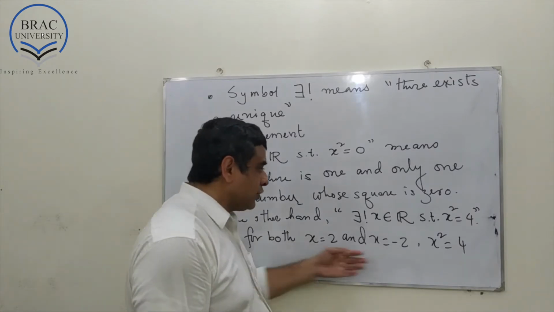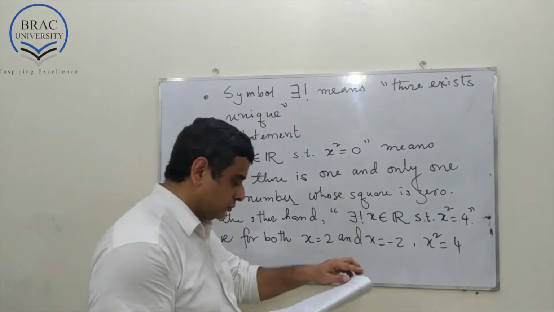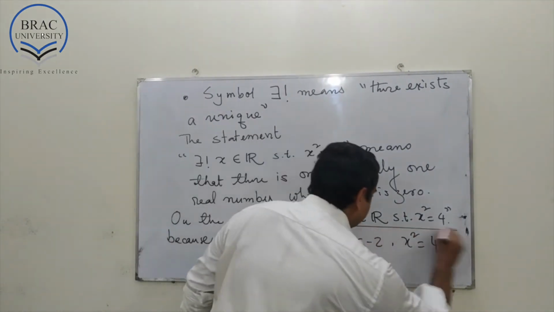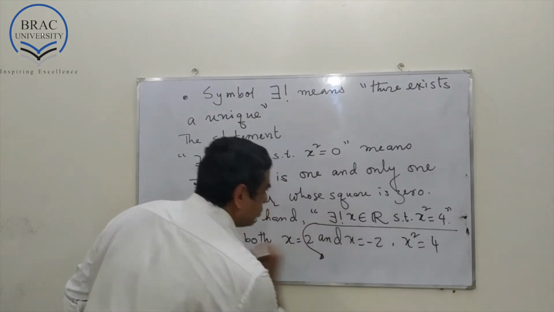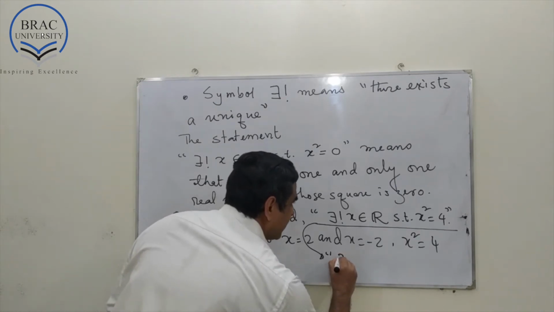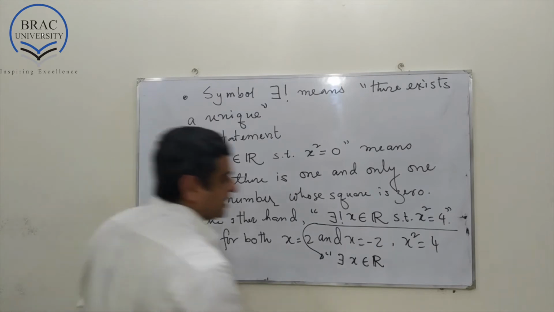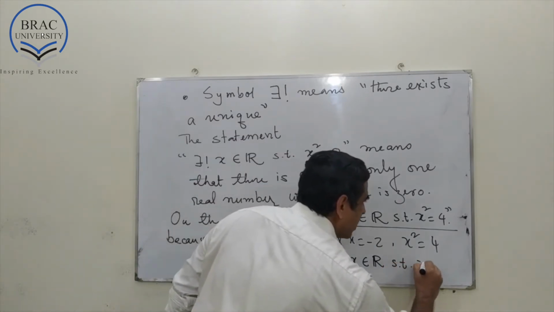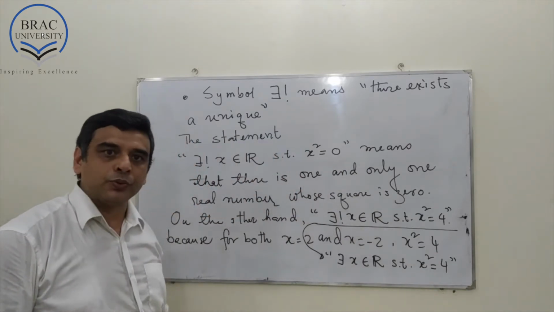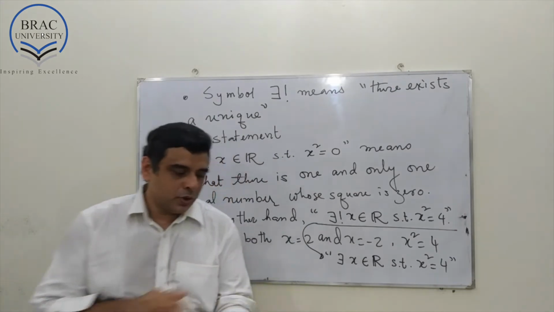So there is no unique x for which x squared is 4. But we could modify this statement, which will be true, in the following way. There exists a real number such that its square is 4. This is indeed true, if you drop that uniqueness sign. Okay? Good.